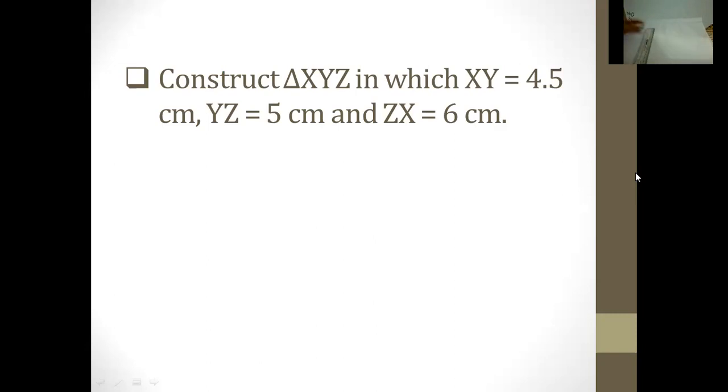Now what you have to do is take the length which is not the maximum one. Then you won't be able to construct the triangle. Keep this thing in mind. Let us suppose we are keeping the 5 centimeter here first.